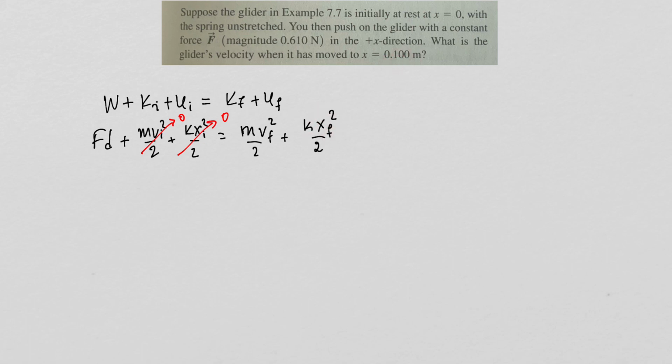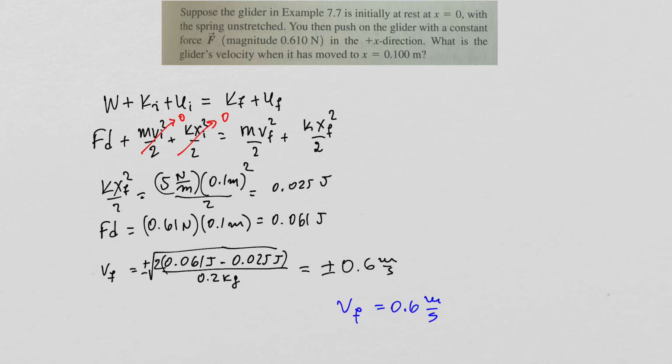So now let's solve for the velocity. The elastic potential energy at the final position is equal to 0.025 joules. The work done by the external force is 0.061 joules. And the final velocity is plus or minus the square root of 2 times the difference between the elastic potential energy value and the work done by the force, divided by the mass of the glider, which gives us plus or minus 0.6 meters per second.